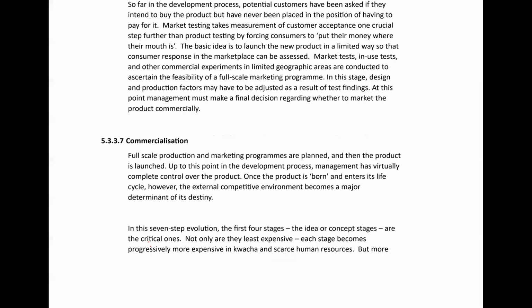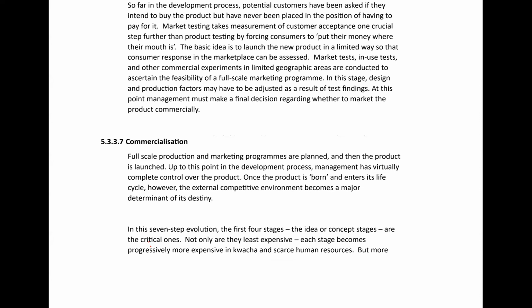Commercialization is another stage that we talked about. Under this one, full-scale production and marketing programs are planned, and then the product is launched, right? Up to this point in the development process, management has virtually complete control over the product. Once the product is born and enters its life cycle, however, the external competitive environment becomes a major determinant of its destiny.